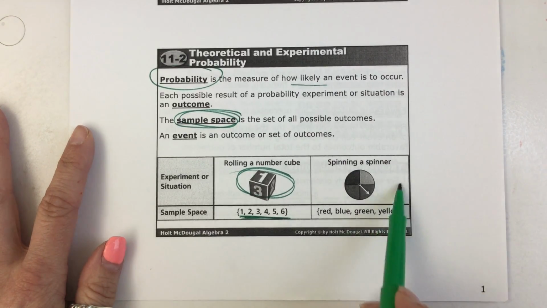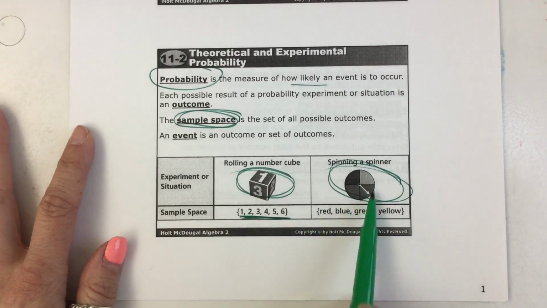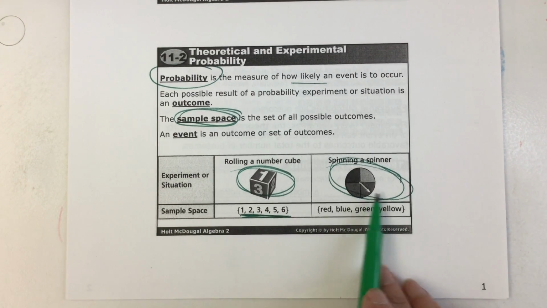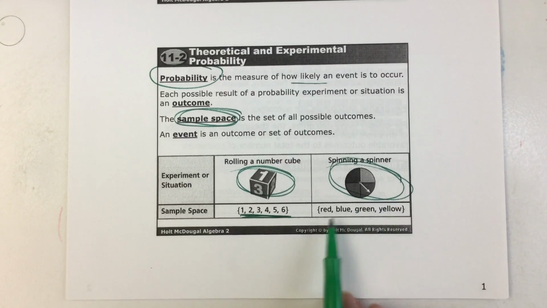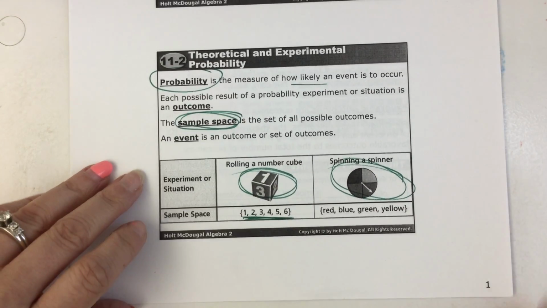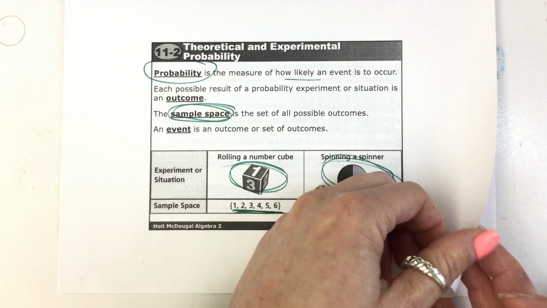If you spin a spinner, obviously this is a little bit hard to see because it's black and white print, but if one section was red, one was blue, one was green, one was yellow, you could get red, blue, green, or yellow. That's what the sample space is. Now the sample space is always the denominator of the fraction when you're calculating probability.